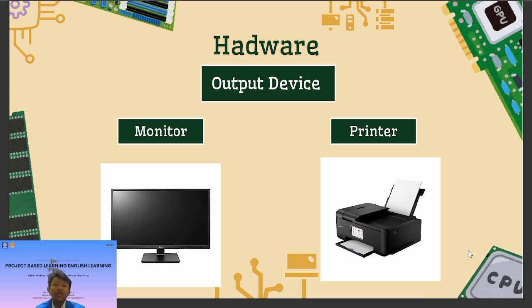And secondly, there is the printer, which functions to change a document or image from a computer into a physical form such as paper or something else.